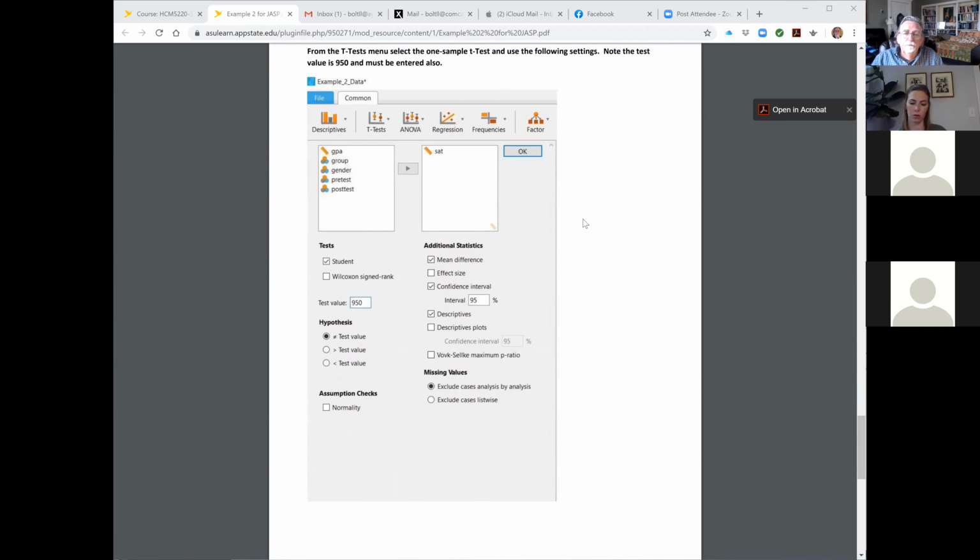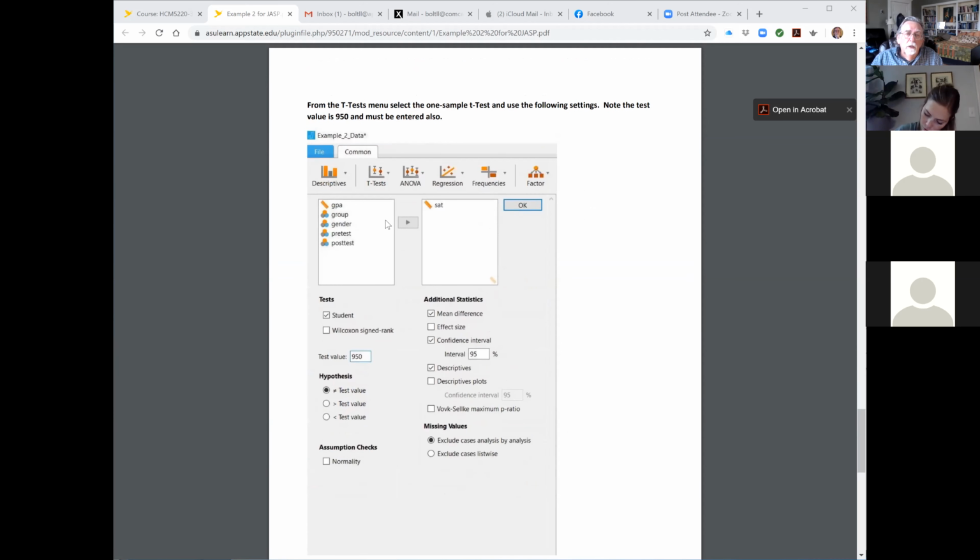With this one sample, it's a sample compared to an overall population, not a sample to a sample. It's like comparing a sample mean to the population mean that's in the center of the distribution, except you set that mean at the center of the distribution. In this case, we set that mean at 950.